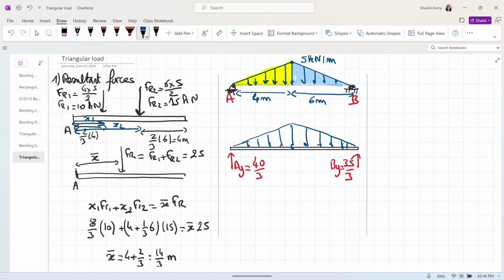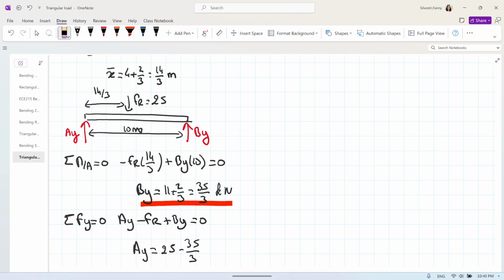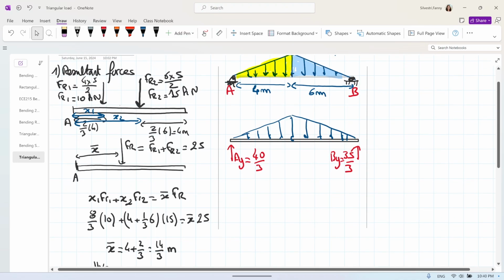Our two systems are the same if we look at the external forces, but it's not the same for what's happening inside.